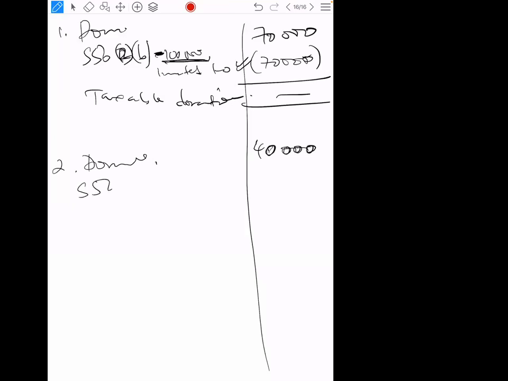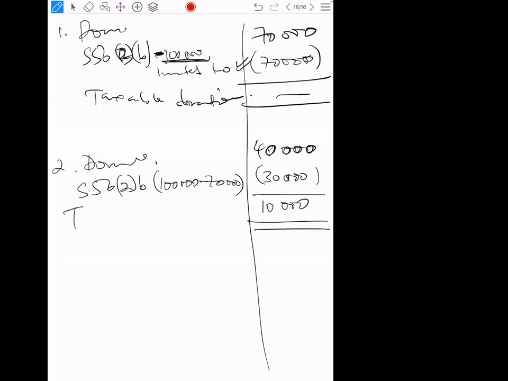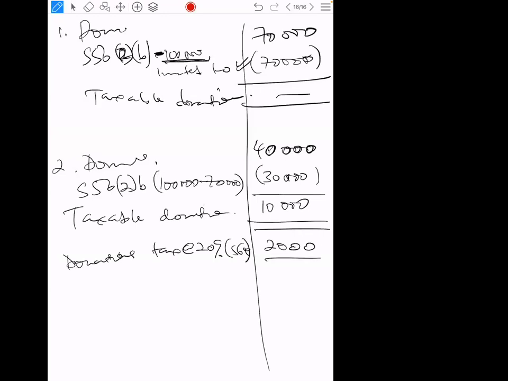So our section 56.2b here will be equal to 100,000 that is available per annum, less what is utilized. Then you get this. Then this becomes the taxable donation. Then we say donations tax at 20%. Section 64 says that is 2,000.